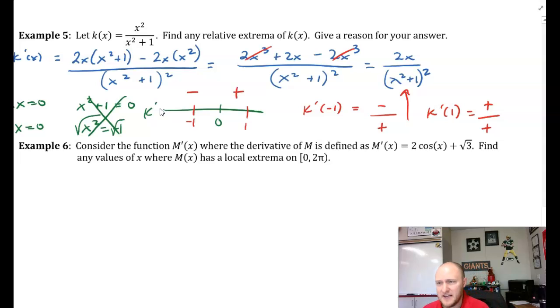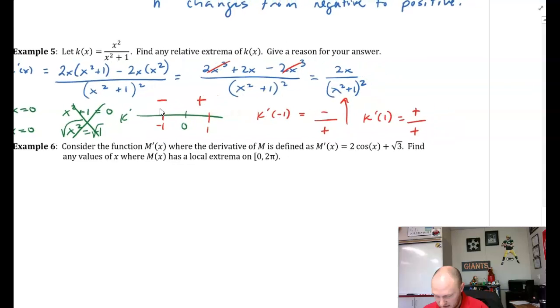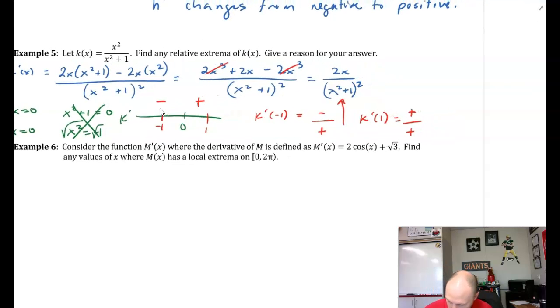So they say find any relative extrema of k of x. So what did we find?